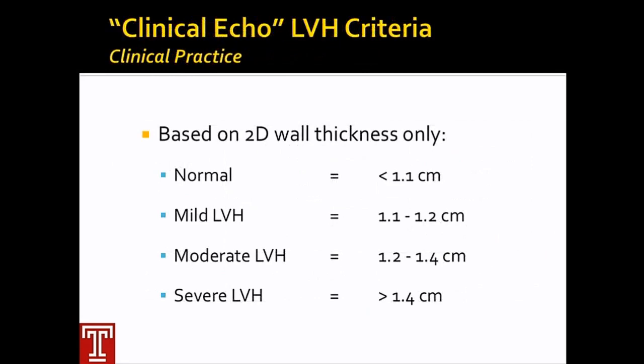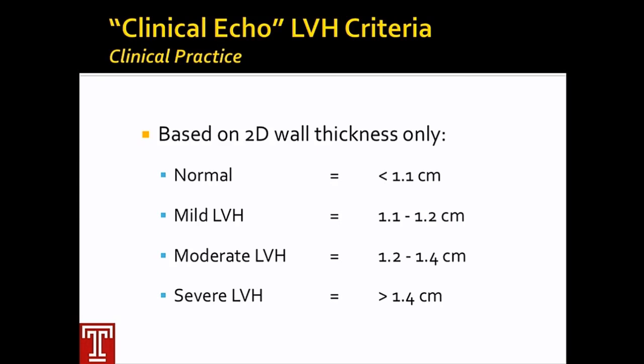In the clinical echo lab, at least I've been having our techs measure LV mass a little bit more commonly to help me tell my colleagues the true hypertrophy. But many clinical echo labs will just go on wall thickness alone as sort of a poor man's estimate of LV hypertrophy.